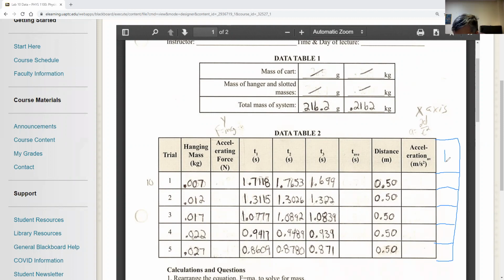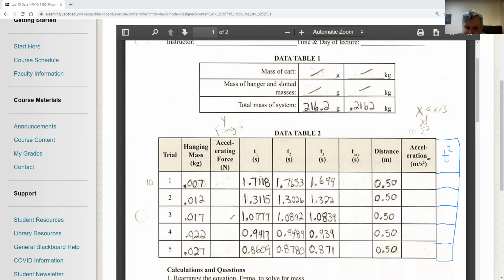And this column is going to be the t squared column. And what you'll do is whatever average time you get here, you're going to square this time and put it right here.